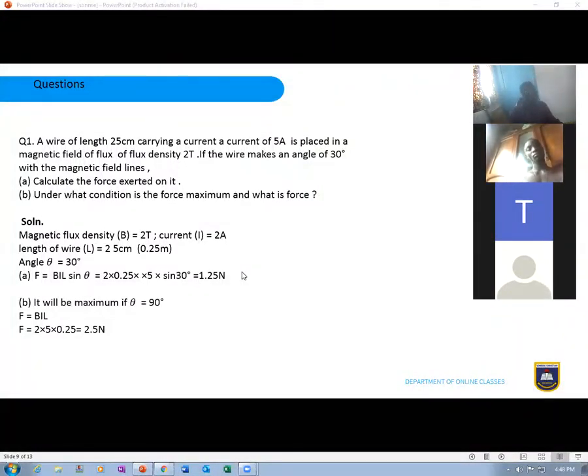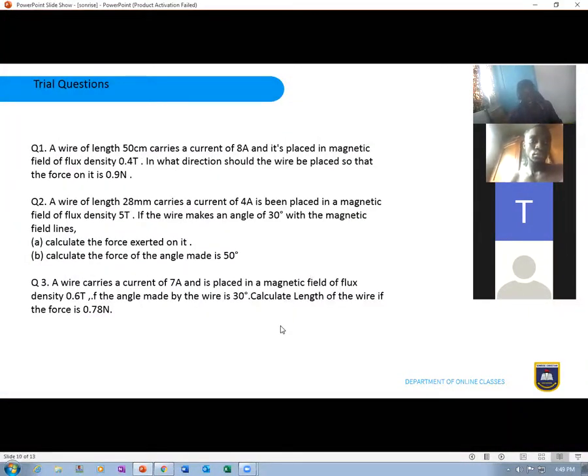So now, take your pen and be ready to solve the next question. Solve these questions and give me the answers. First of all, write down the data. Make sure you write down your data.